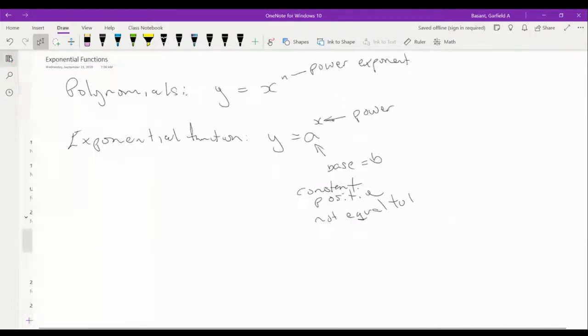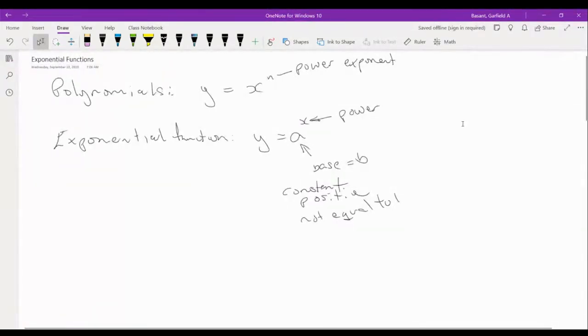So let's just review exponential functions first. Now, what's the difference between a polynomial function and an exponential function?